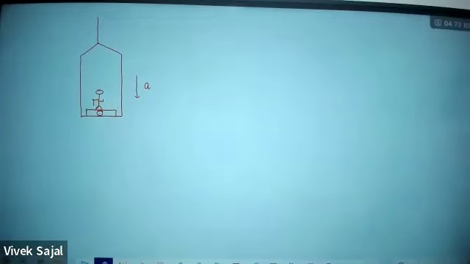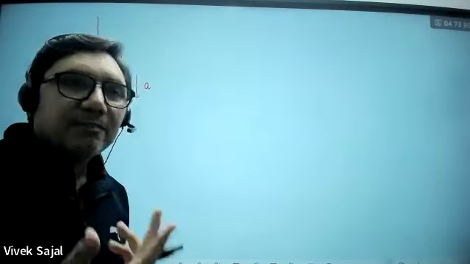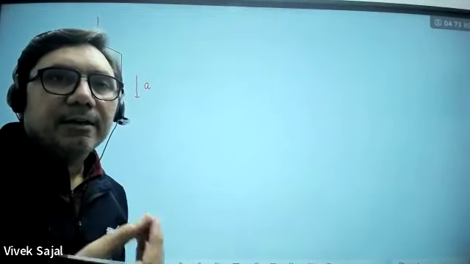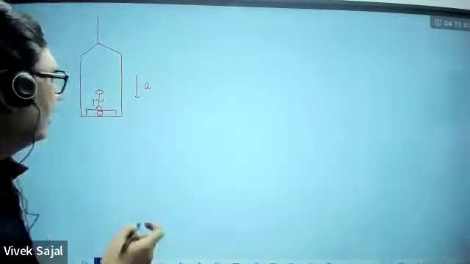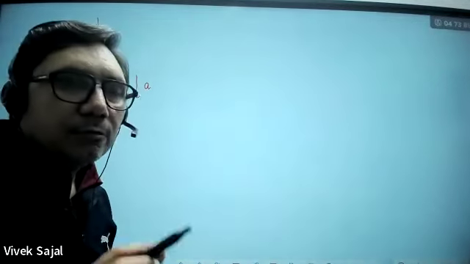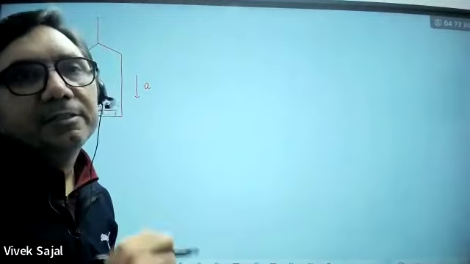Whatever weight this machine is going to show, that will remain the same, either you are explaining this event from the Earth or you are standing in the lift. Whether you are standing in the lift or on the Earth, you have to explain whatever weight is shown by the machine.